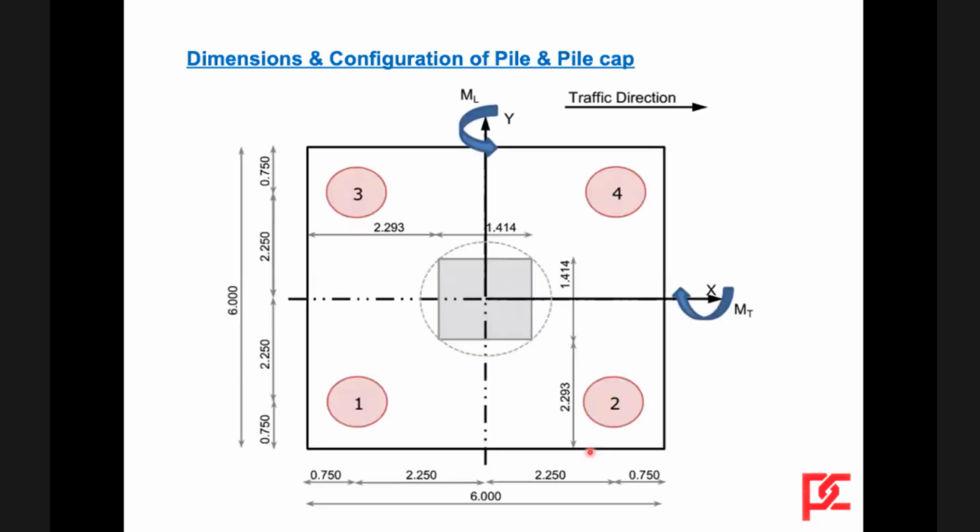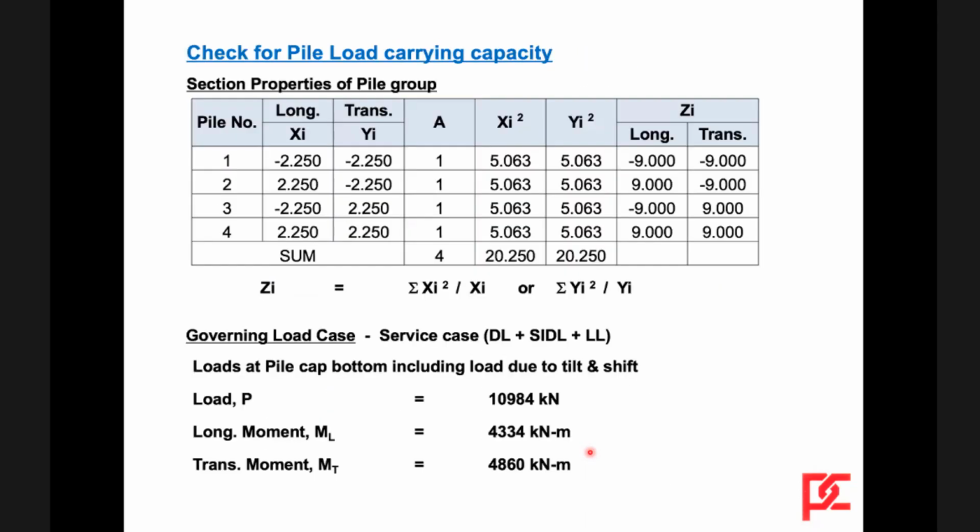Then this is a typical arrangement, and then these are the properties of the pile. Group properties are calculated: ZL, ZT. The governing load case is the service load case: dead load, SIDL, live load.